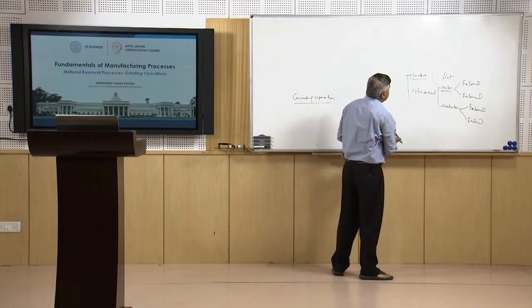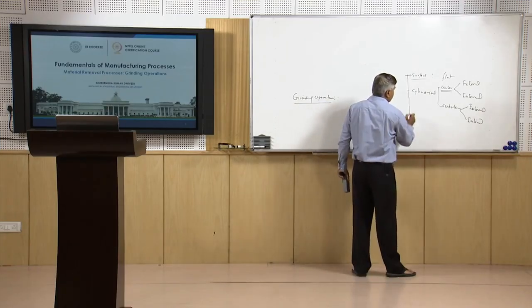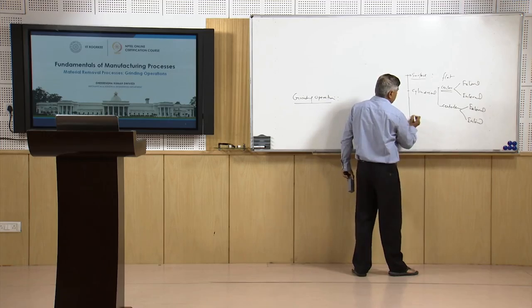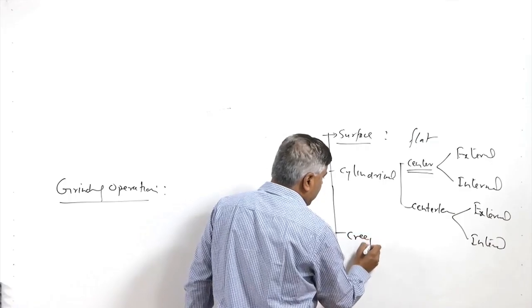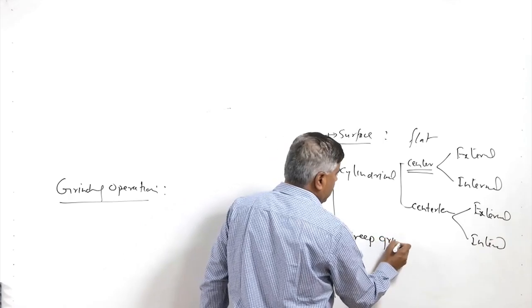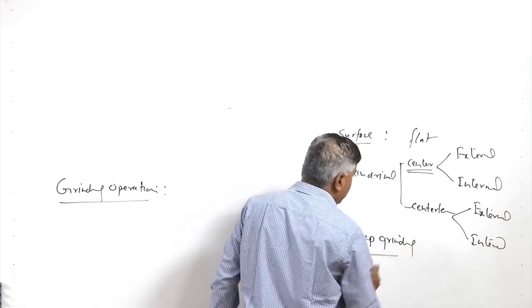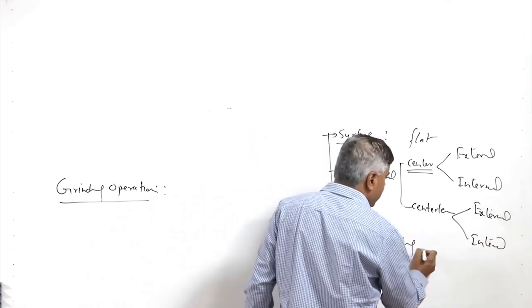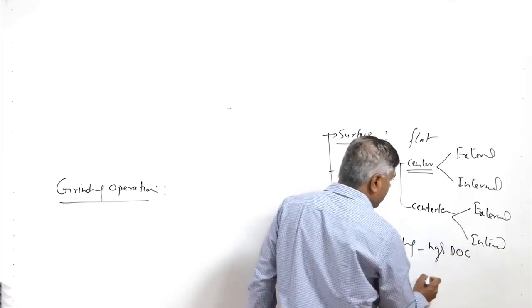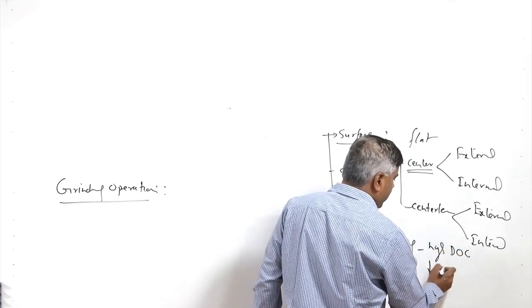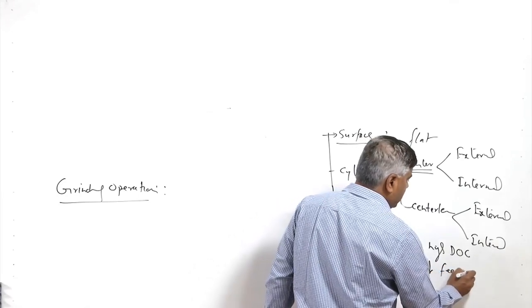In addition to the surface and the cylindrical grinding, there are other grinding approaches, like one is called creep grinding, wherein the very high depth of cut and very low feed rates are used.